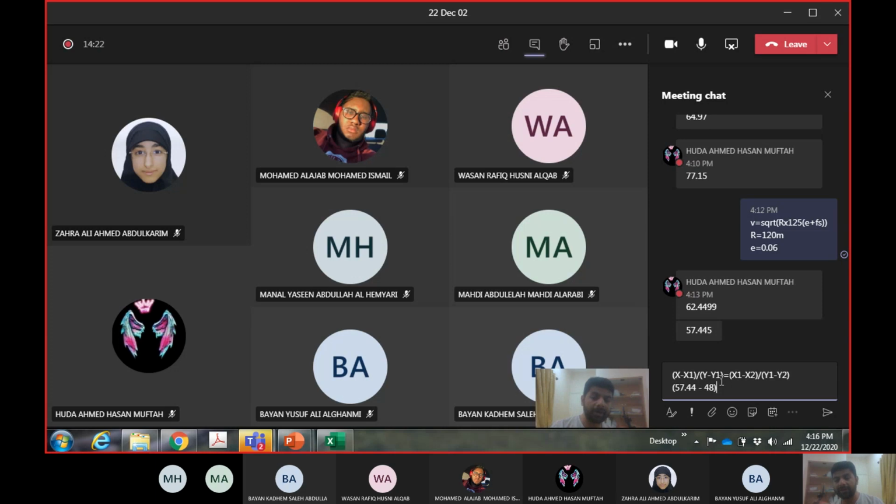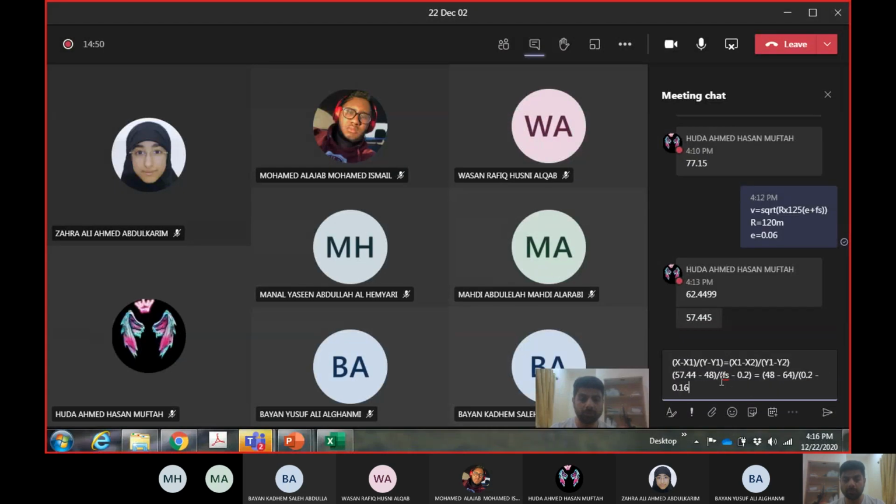I'm interpolating between 48 and 64, remember? Y, which I'm trying to find out, my Fs, and y1 is 0.2, the Fs value at 48, equals x1, which is 48, minus x2, which is 64, divided by y1, which is 0.2, minus y2, which is 0.16.